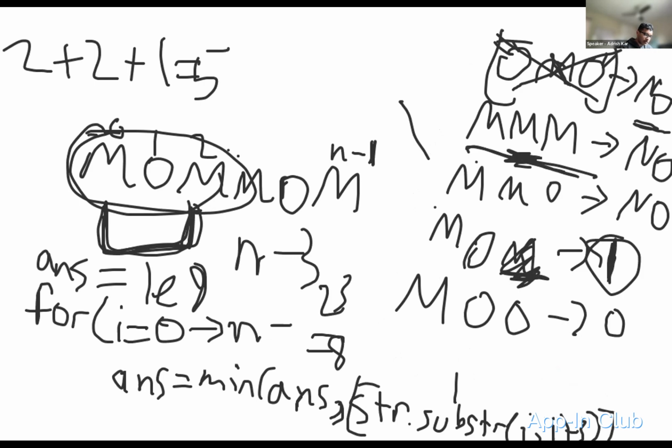You would add this to n minus 3, because that's the number of operations needed to delete the other characters.